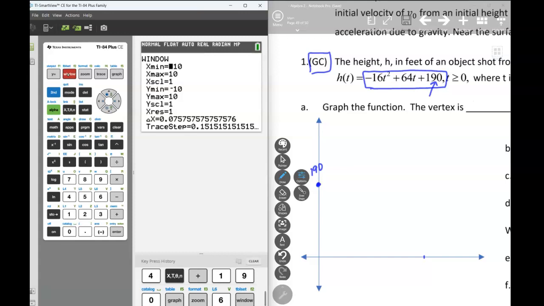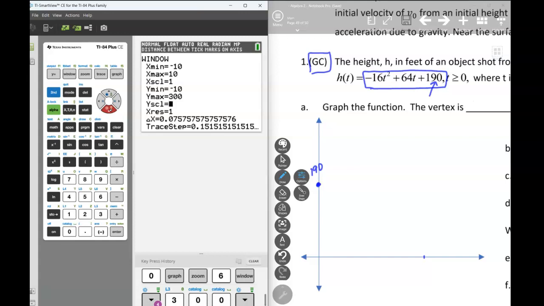So this is new, we're going to go to window. Everybody click on window. Do you see where it has the X moving left and right? Do I mess with the X's if I'm moving left and right? Not on this example. I need to go up. So that's going to be the Y max or the Y min? Y max, and it starts at 190, so you want to go a lot higher than 190. And the last thing is the y scale is going by ones.